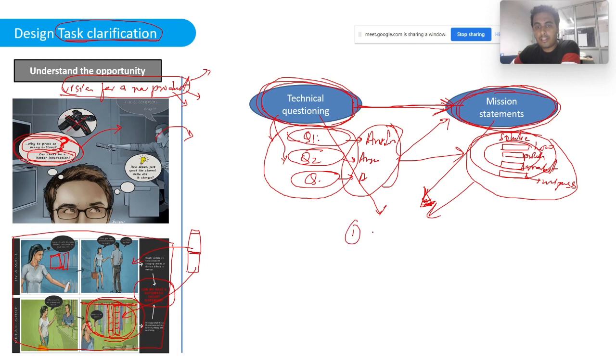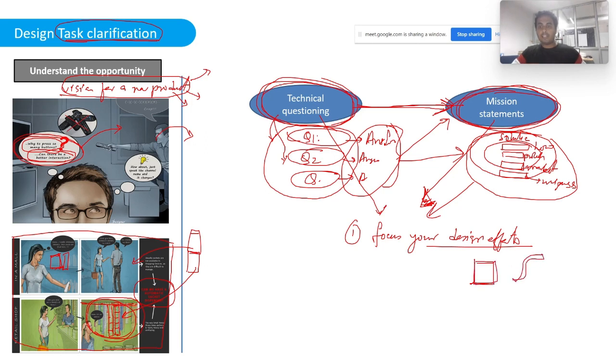First is to focus your design efforts. Basically, you will know at the end of this activity what you are going to design: are you going to design a device, or are you going to make something like a small tool? All these decisions, or visions, get clarity at this stage.